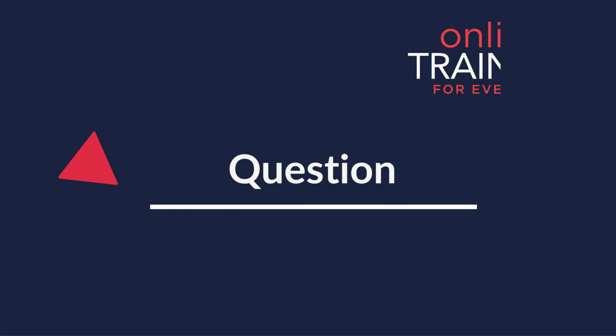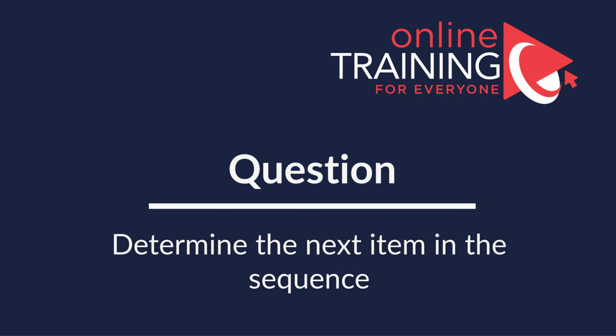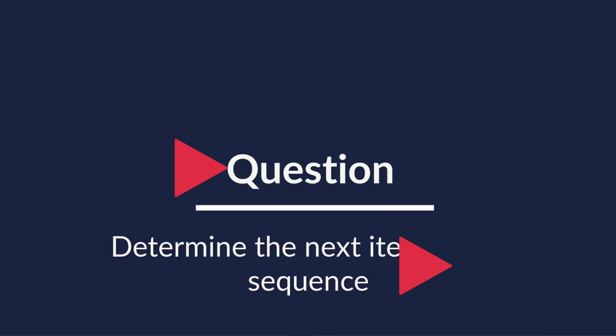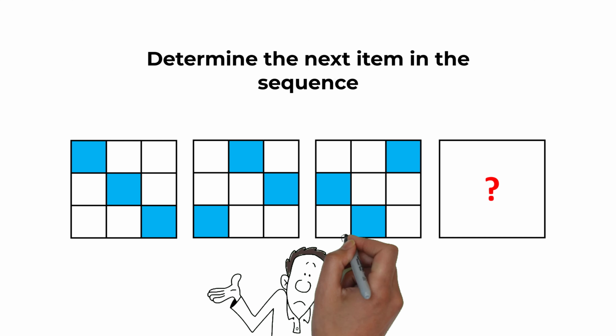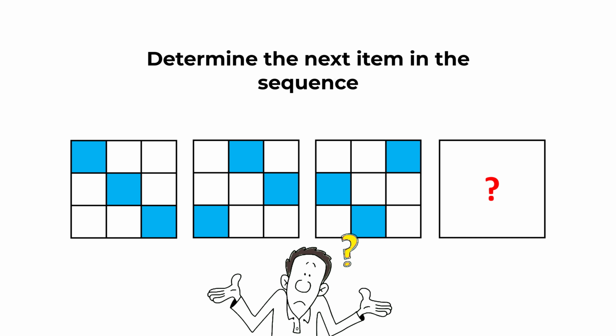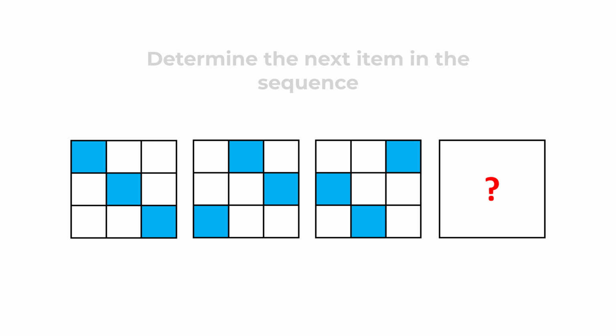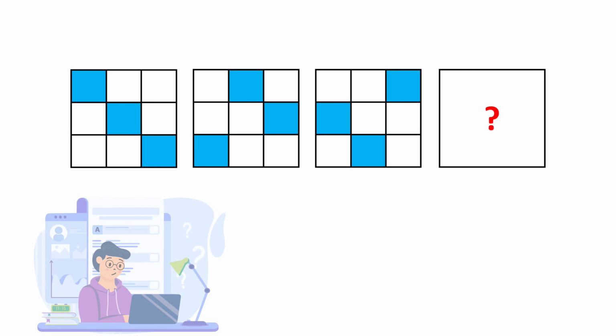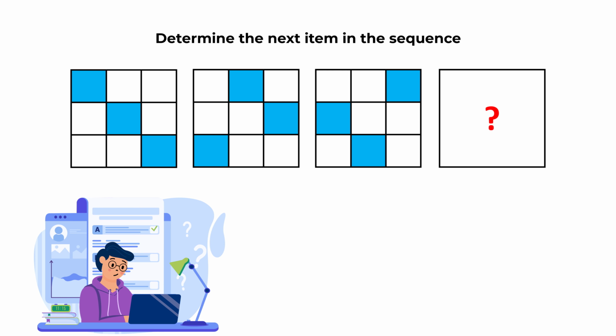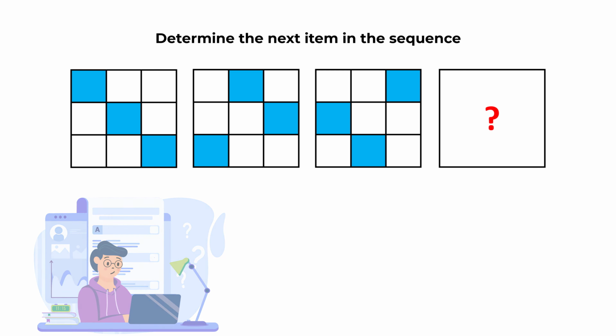Here is a very interesting problem that you might frequently get on the test. You need to determine the next item in the sequence. You're presented with a sequence of large squares. Each large square contains 9 small squares inside, and the small squares are of different colors. You need to determine the next item in the sequence, and you have 4 different choices.